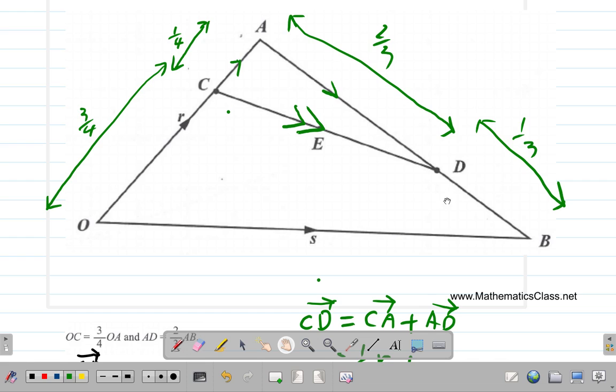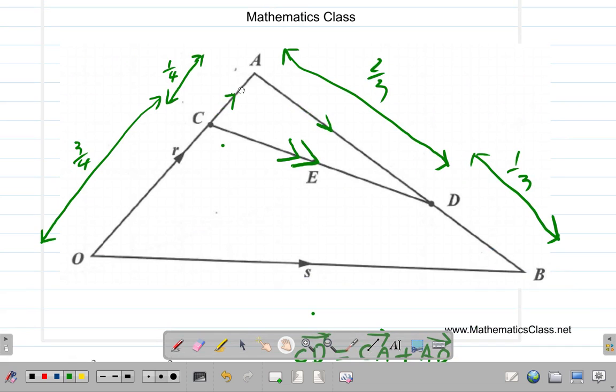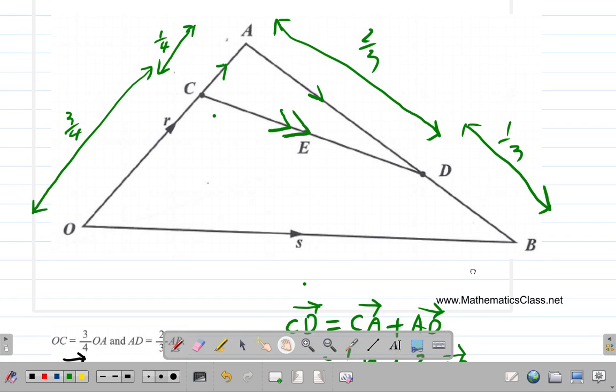Now, from A to D, you don't really have a set letter. But you know that it's 2/3 of the way from A to B. So AD is 2/3 AB. Now, that means you're going to have to find AB in terms of r and s.